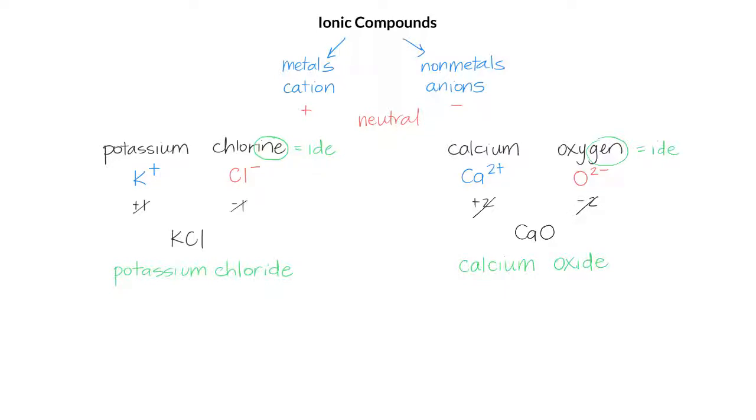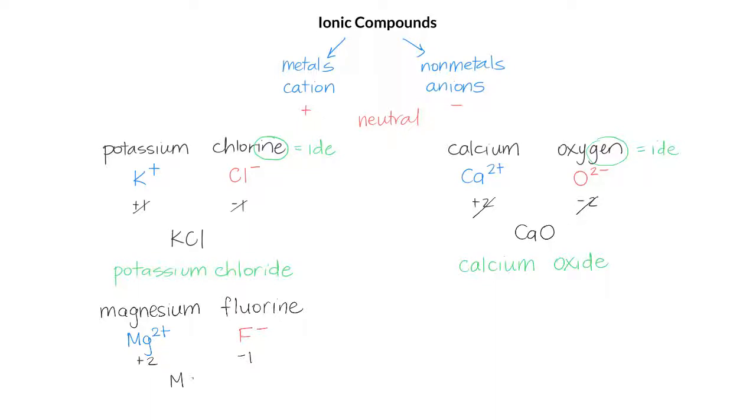Okay, what is the formula for the ionic compound that is formed between magnesium and fluorine? Let's write our ions. Magnesium forms an ion with a 2+ charge, and fluorine forms an ion with a -1 charge, which means we'll have 2 pluses and only 1 minus.